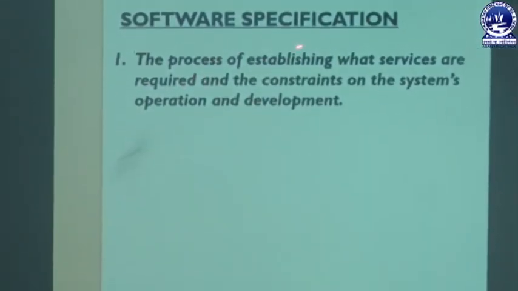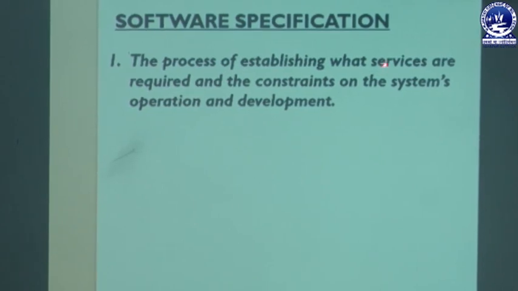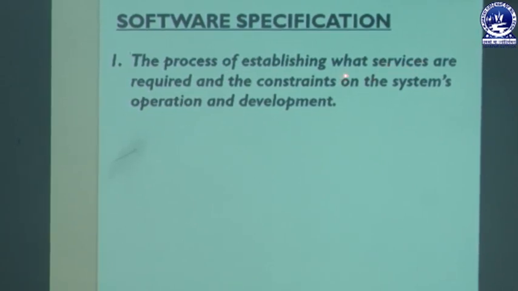So, our first point says that the process of establishing what services are required, that means what functionalities we require or the customer expects from our software, and what the constraints are. The constraints mean, for the operation and development of the system, the technical and non-technical constraints.